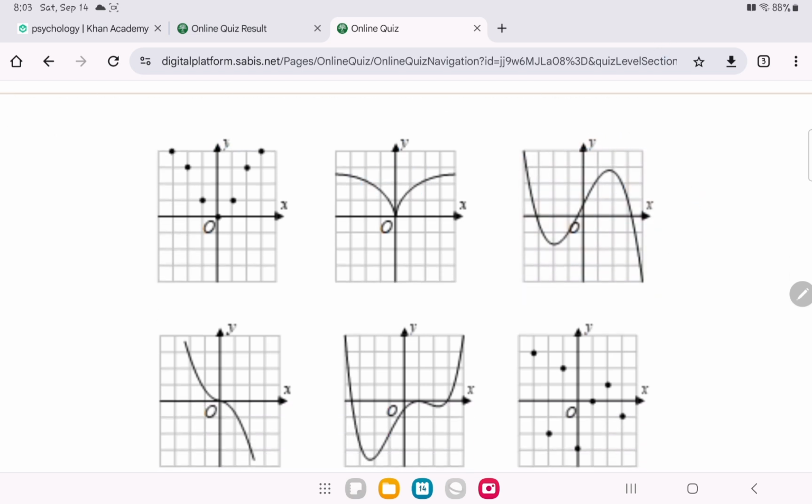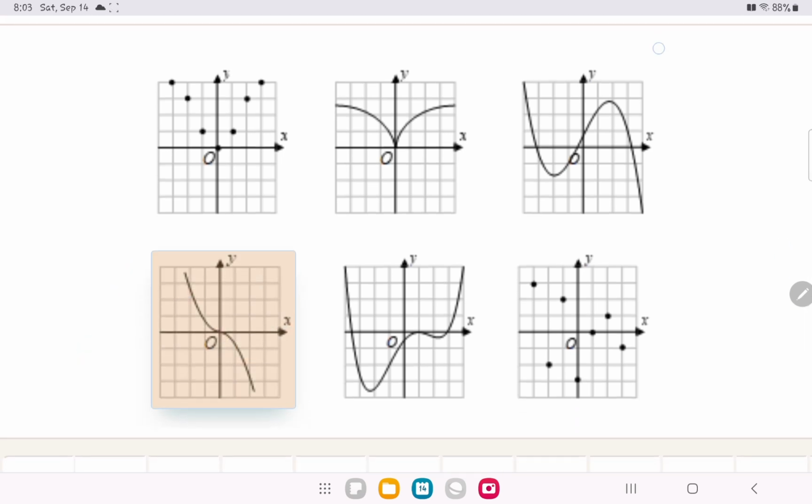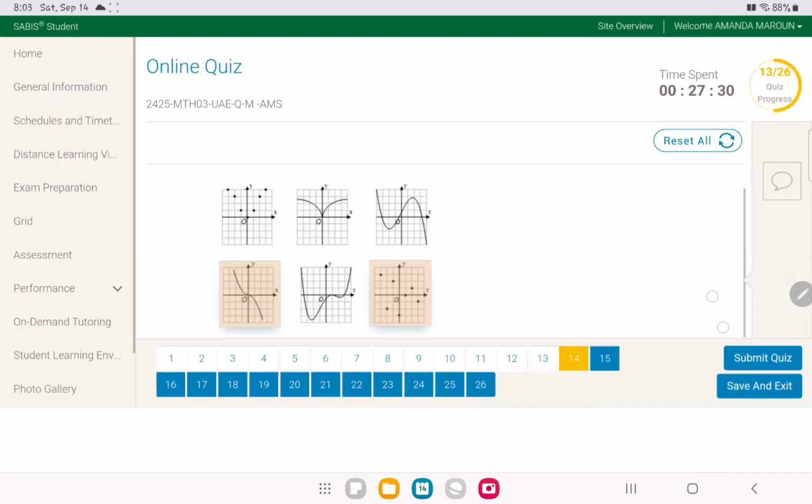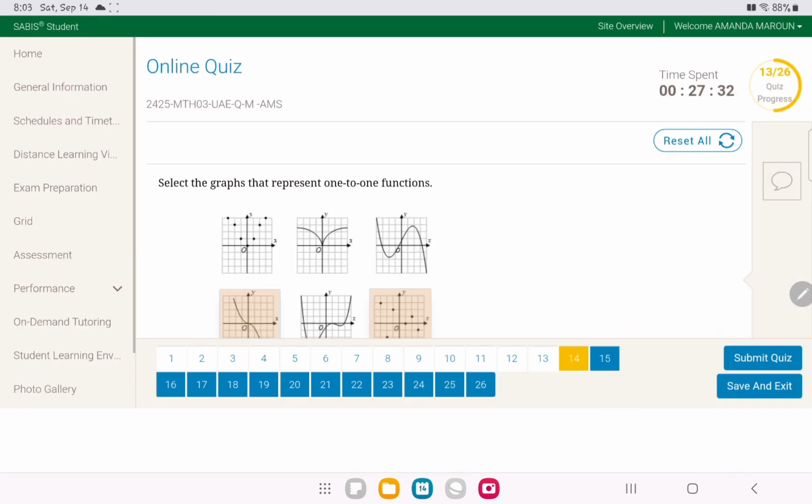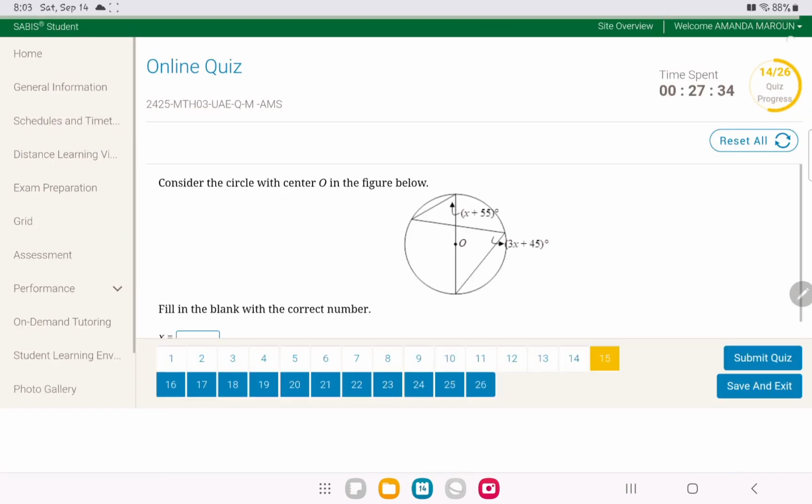Then this one, it is one-to-one because we don't have any 2 points on the same horizontal line. This one directly we see we have 2 points on the same horizontal line, so it's not one-to-one. And then this one, it is one-to-one because there are no 2 points on the same horizontal line.